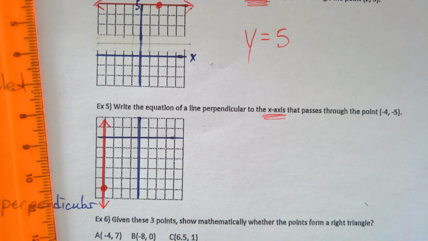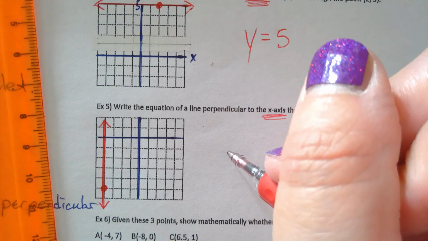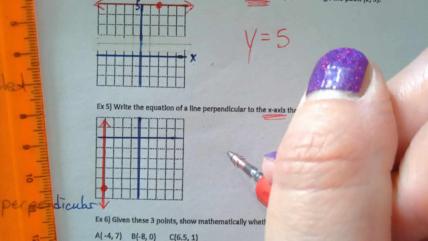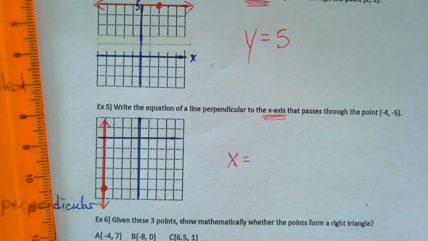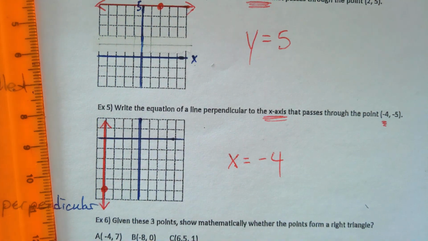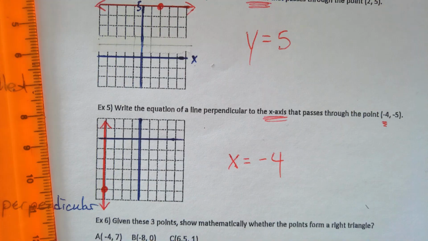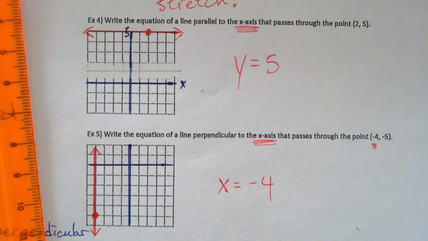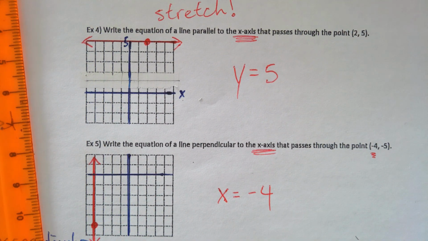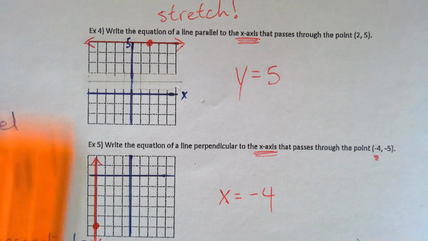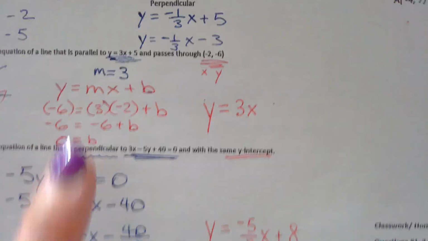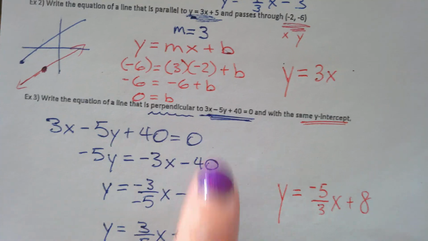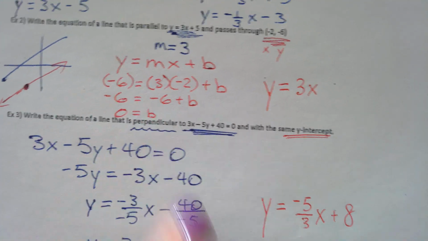Let's see, Margaret. What's the equation of this line? X equals -4. Yep, -4. So with these questions, I didn't have to do any calculation to find M or B, because it's not a diagonal line.